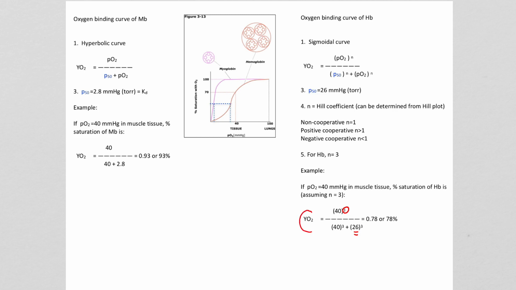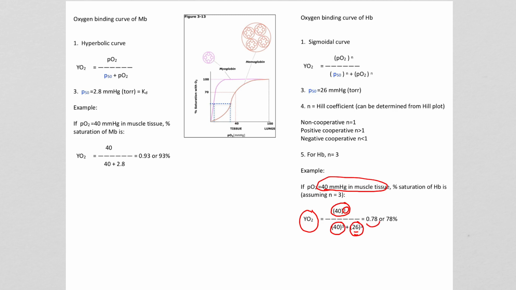Knowing n equals 3 and the P50 for hemoglobin is 26, we can once again calculate the percent saturation for hemoglobin in muscle tissues, for example, where the PO2 is 40 millimeters mercury. That would be 40 raised to the power 3 divided by 40 raised to the power 3 plus 26 raised to the power 3.